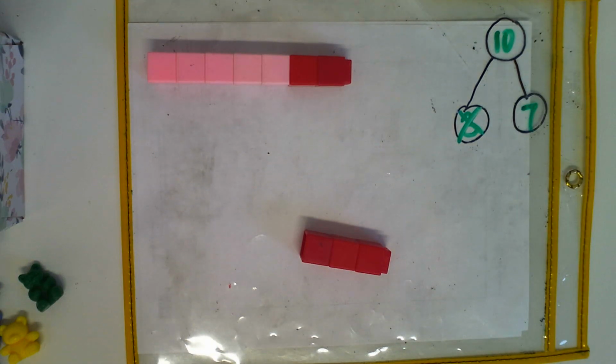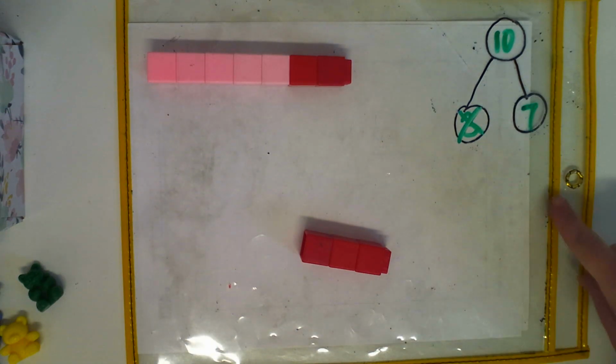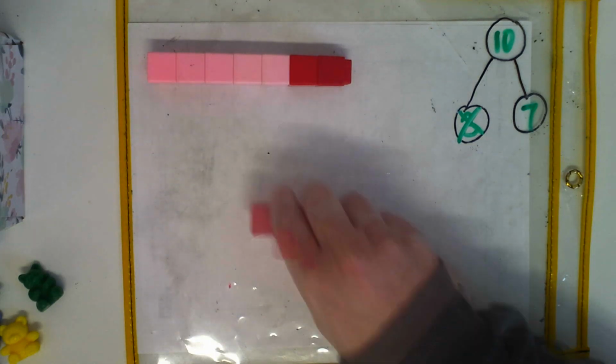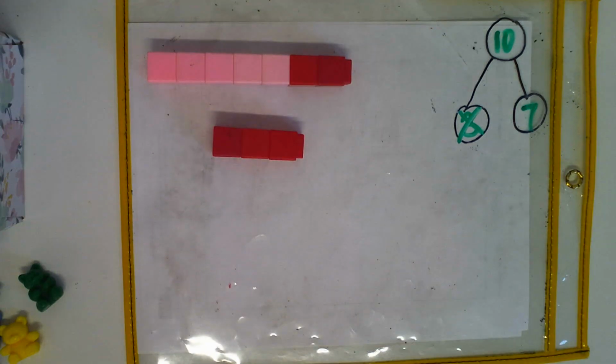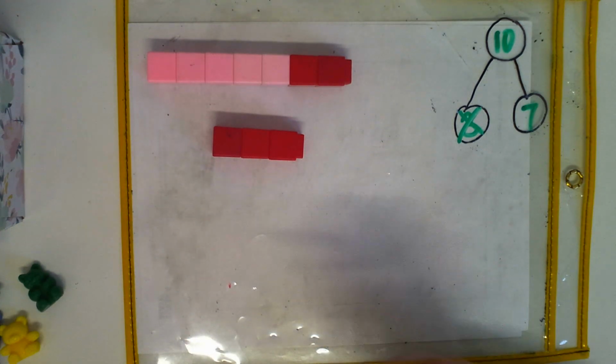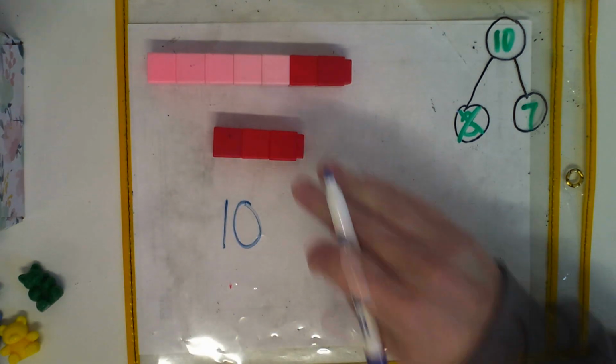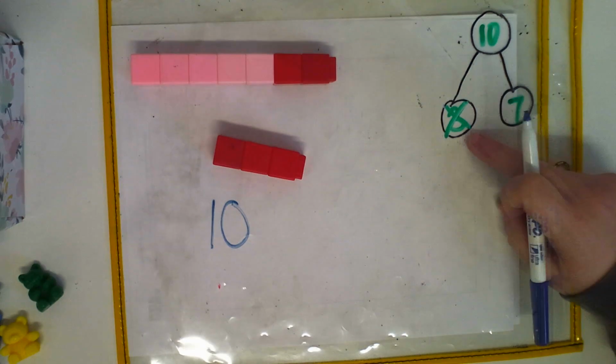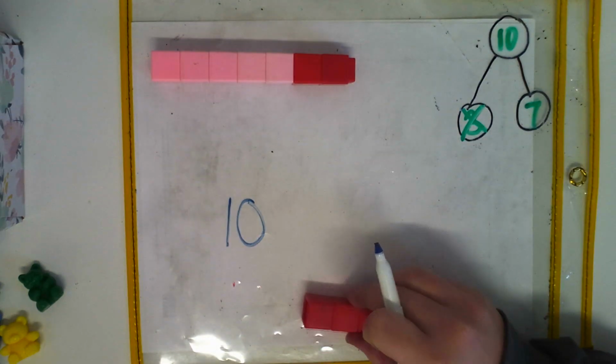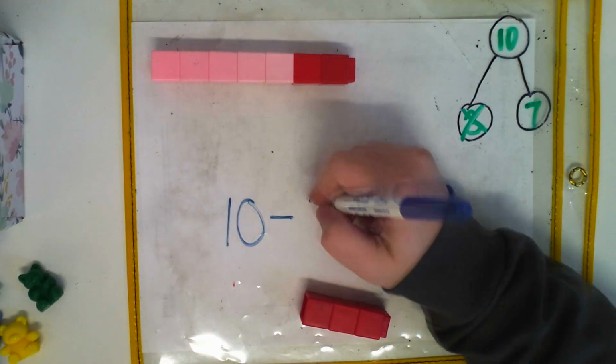Now, we can put this number bond into a number sentence. So down here, if you want to write a number sentence with me, we started off with how many? 10. Now we broke off 3. So we crossed it off because it's not there anymore. We took away 3.